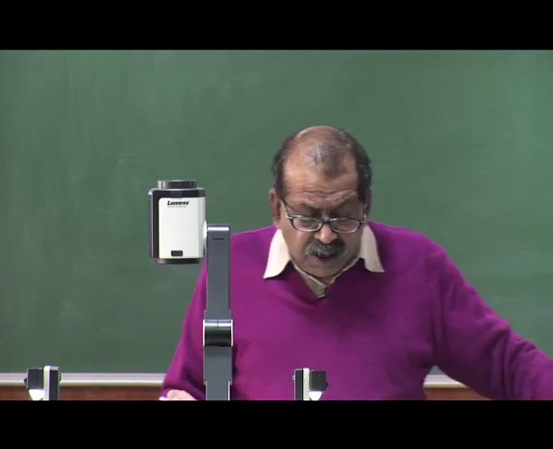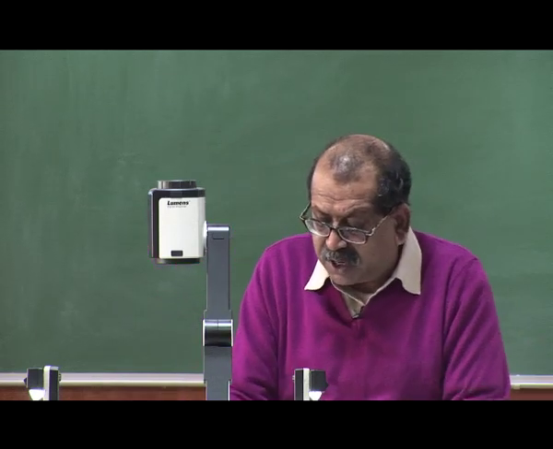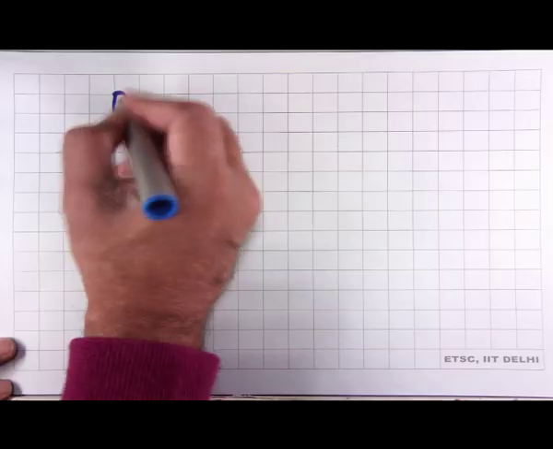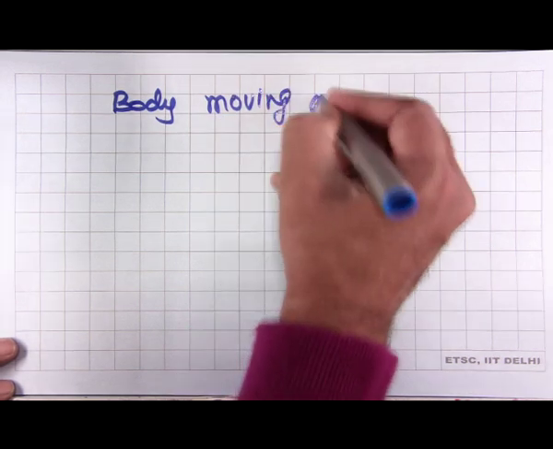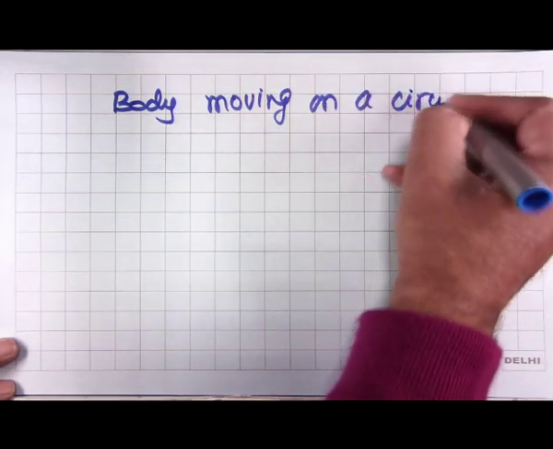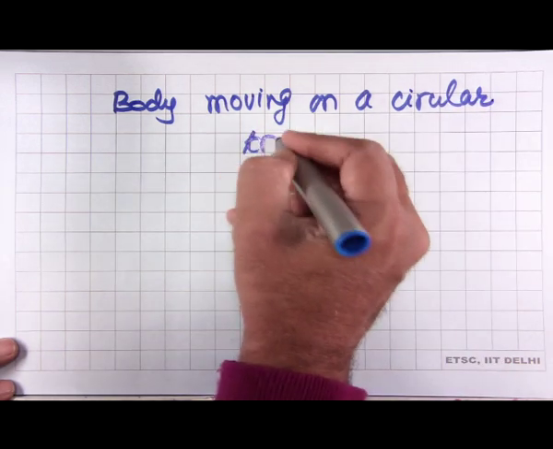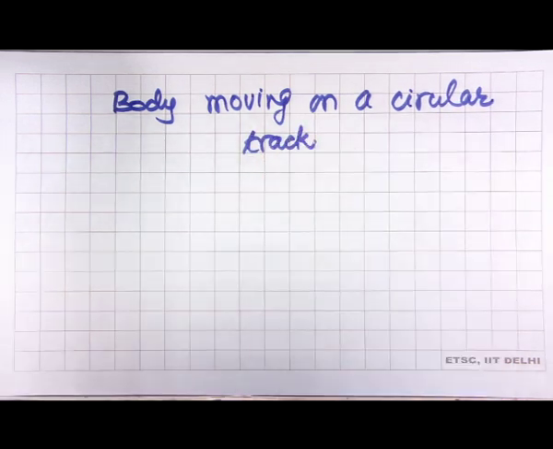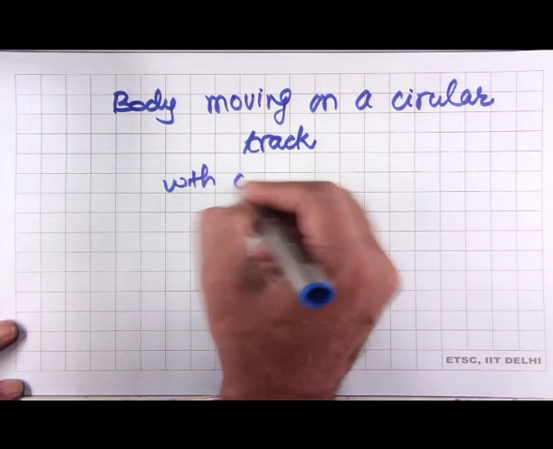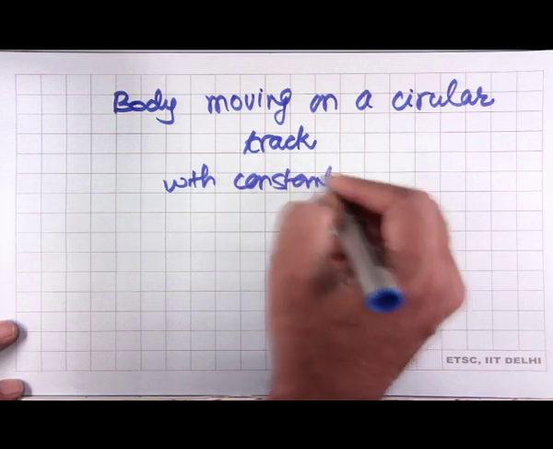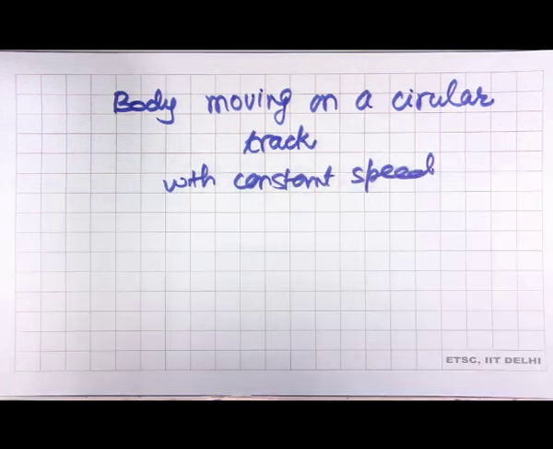Now, let us try to analyze bodies moving on a circular track, and we will assume that the body is moving with a constant speed.